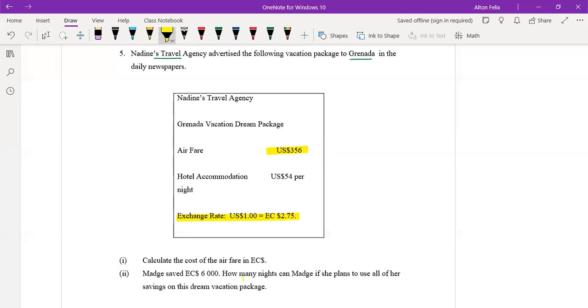Okay. So 356 multiplied by 2.75. Right. 979 EC dollars. So this will be 979 EC dollars.